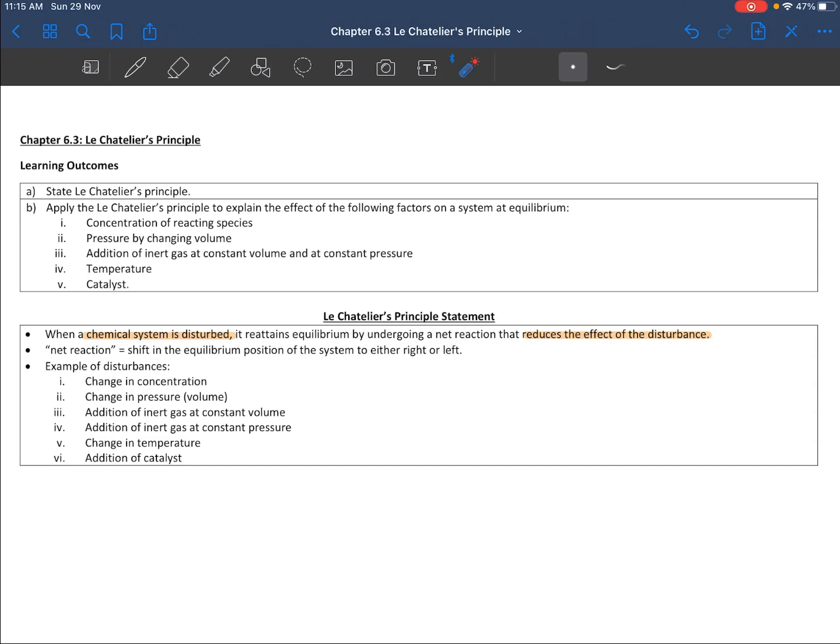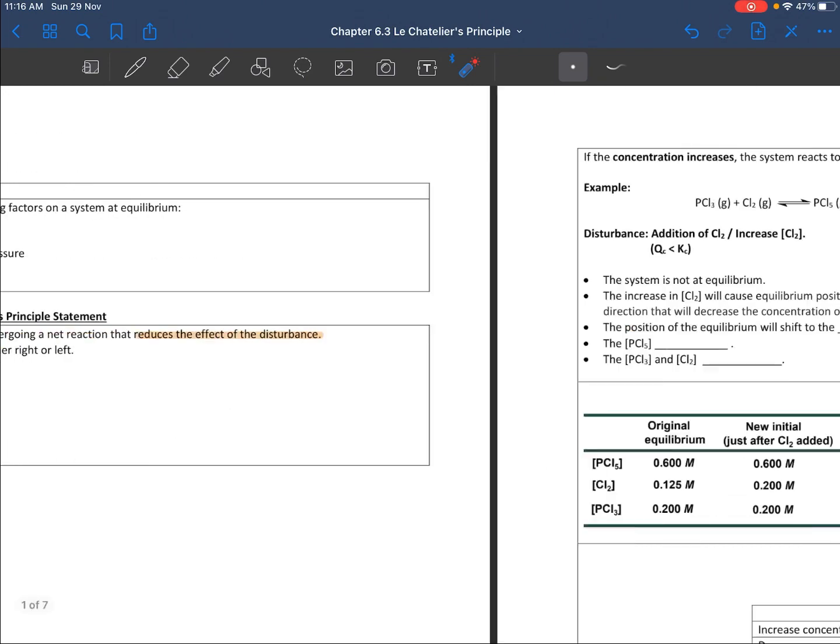Mungkin benda-benda ni akan mengganggu sistem tu pada equilibrium dan sistem tu akan cuba untuk dapatkan balik equilibrium dengan mengurangkan kesan-kesan gangguan ni, dengan cara shift kiri atau kanan. Itu yang kita akan belajar dalam chapter Le Chatelier's Principle.